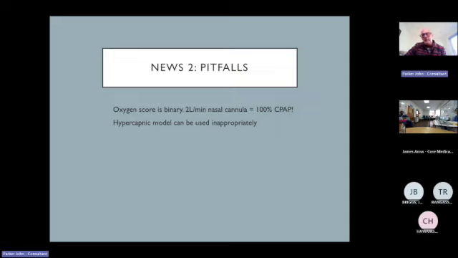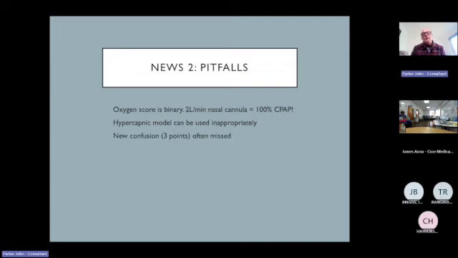I've seen plenty of examples where a patient is just hypoxic and doesn't have CO2 retention, and obviously their NEWS 2 drops by about 3 points if it's used. So that's the next one.